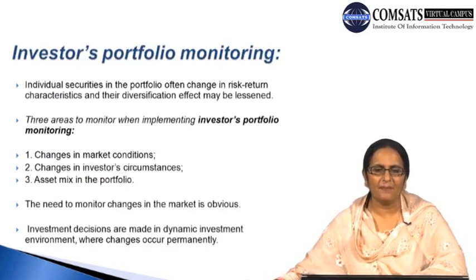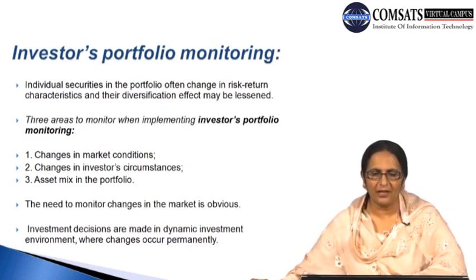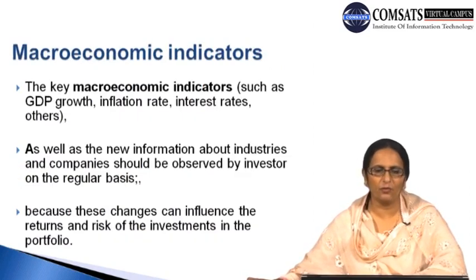There are different reasons why investor portfolio monitoring is necessary. Changes in the market conditions are likely to induce the individual to revise their portfolio. Changes in investor circumstances are likely to induce the individual to revise the portfolio, and we have the asset mix in the portfolio.